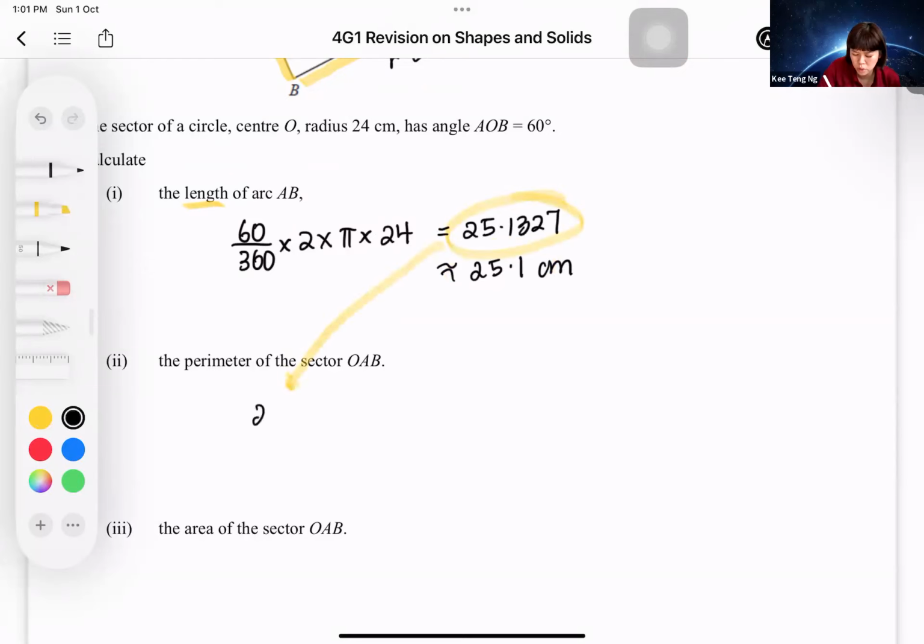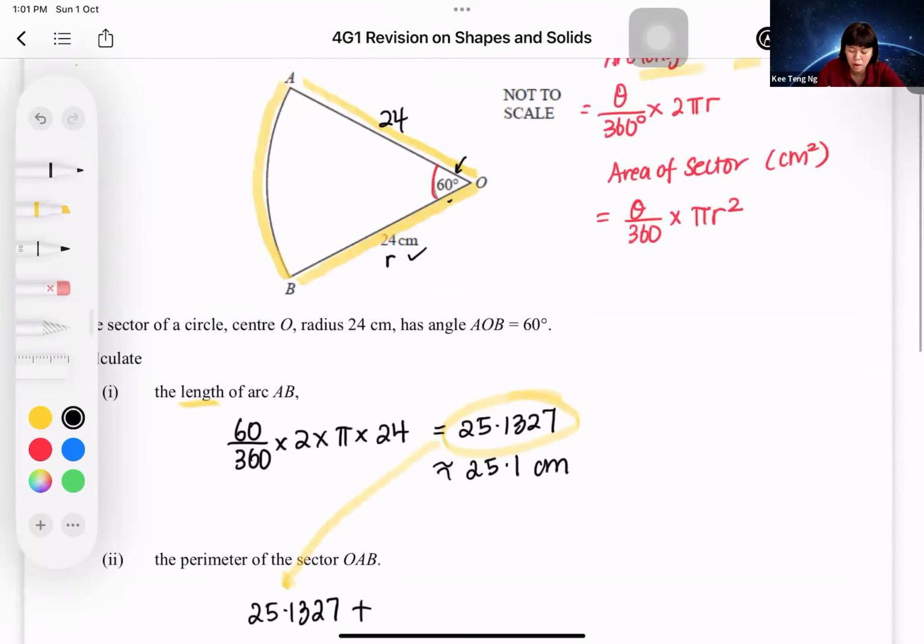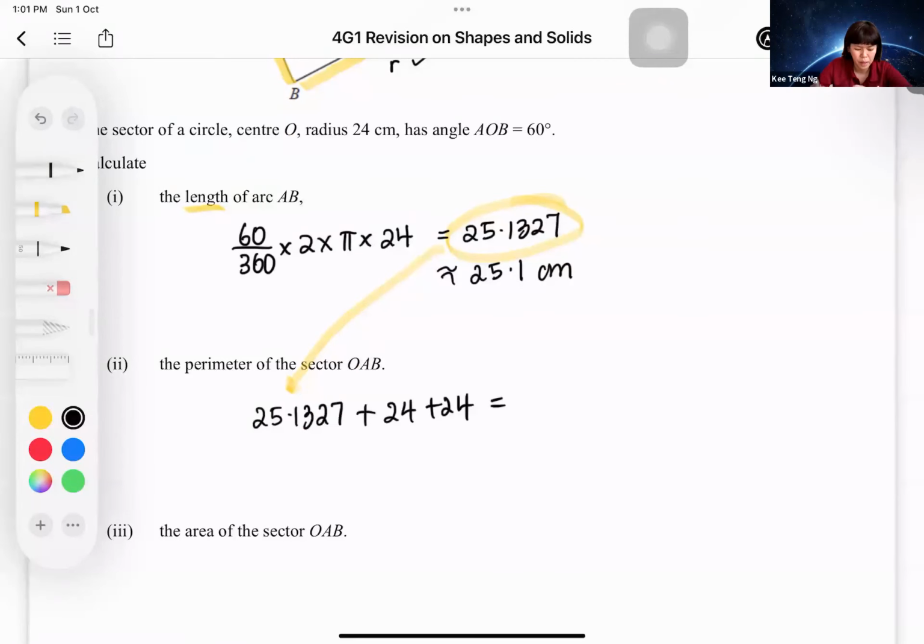So perimeter is 25.1327, I add the two radii, r and r, so plus 24 plus 24. And that gives me 73.1327. And round it off, that will give me 73.1 cm. Have you gotten the answer? All these are in 3 sig figs.